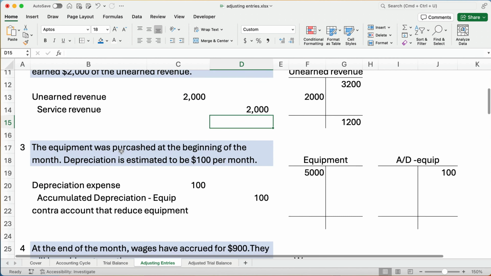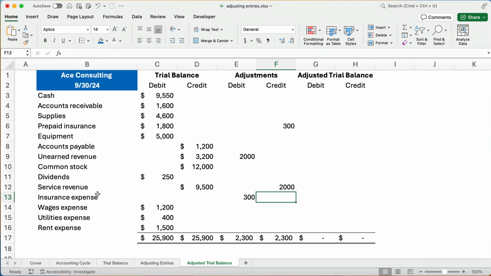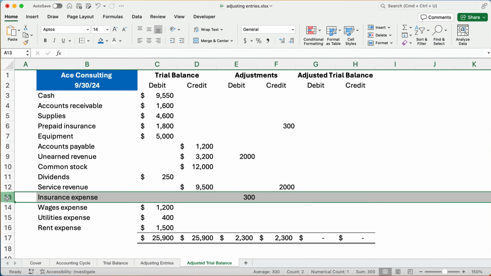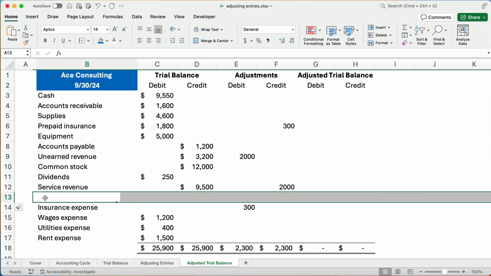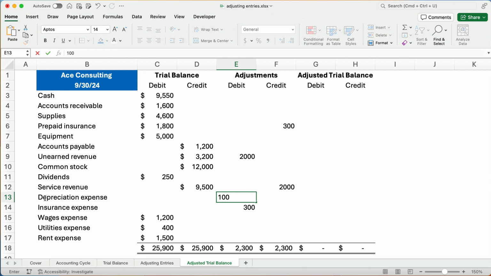All right, the next one down, we have depreciation expense and accumulated depreciation for $100. Now both of these, I don't think we have either one of these here, right? So we're going to have to add a depreciation expense. The depreciation expense is going to be in the amount of $100.